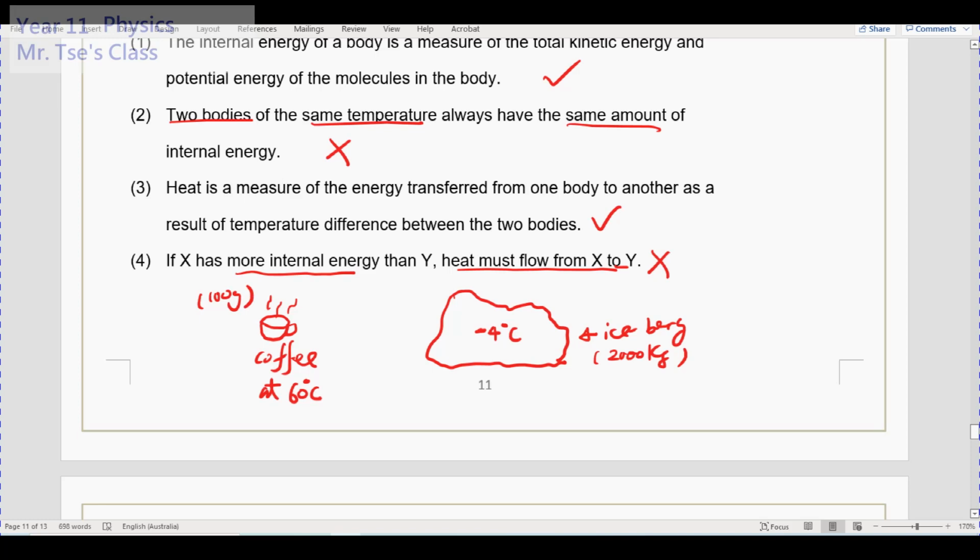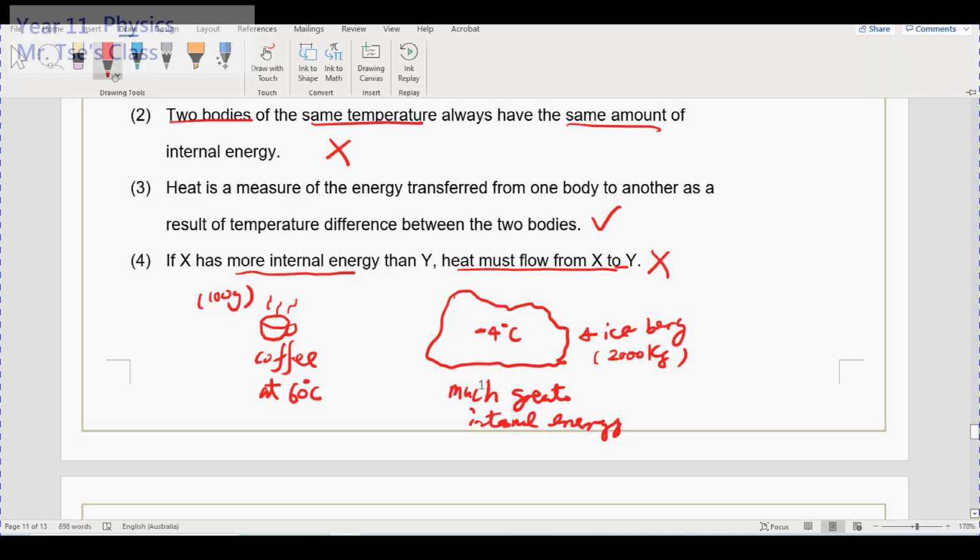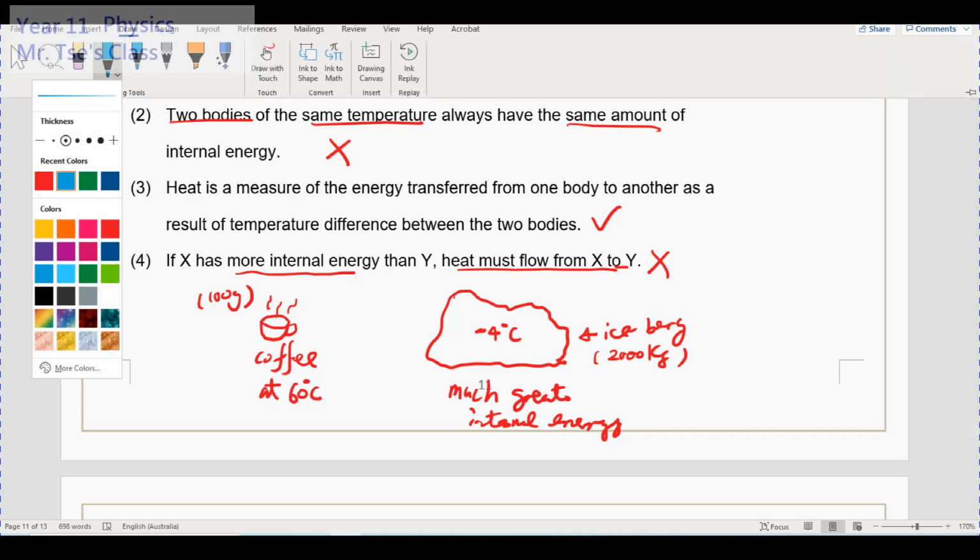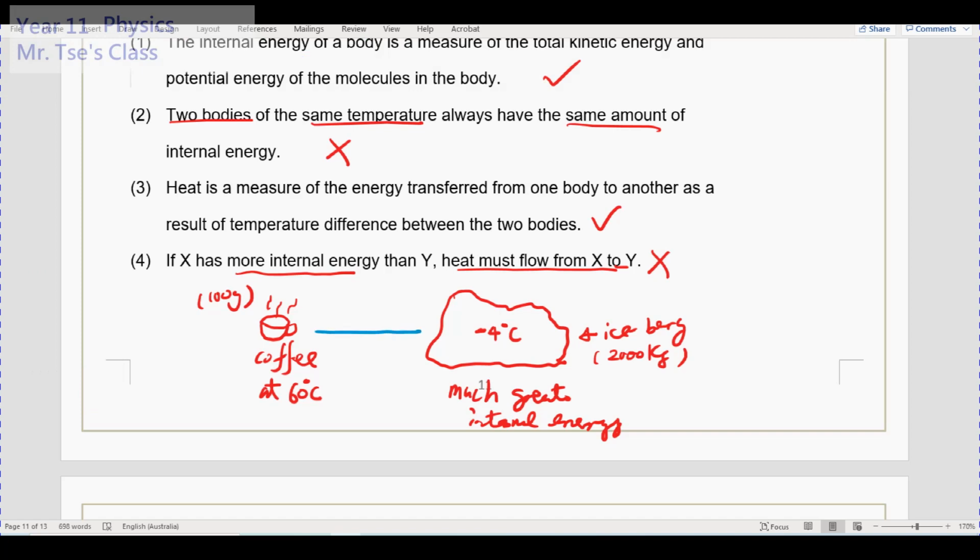So in terms of internal energy, the iceberg must have much greater internal energy because its mass is just much greater than a cup of coffee. But how about the heat flow? Which direction does heat flow? From the coffee to the iceberg. Why? Because it has higher temperature.